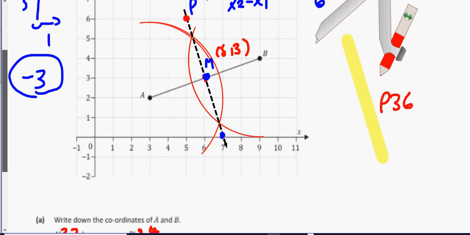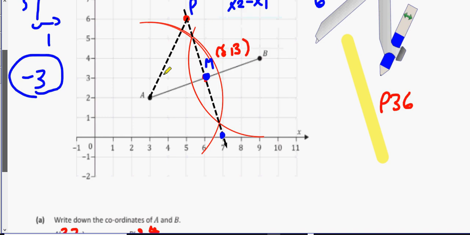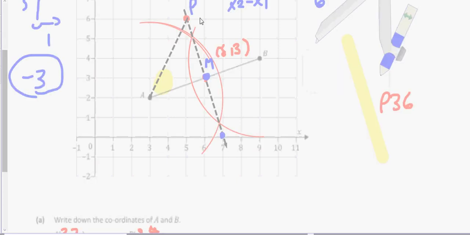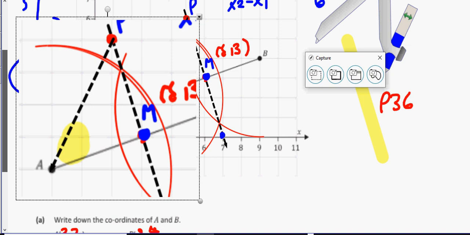What angle does it want us to do? The angle at A, PAB. Would everybody agree that PAB is actually this angle here? That's the target of the question. Agreed? Now, I'm going to take this picture and bring it back to the page we're currently on.